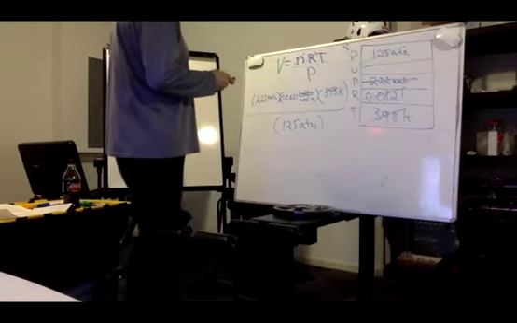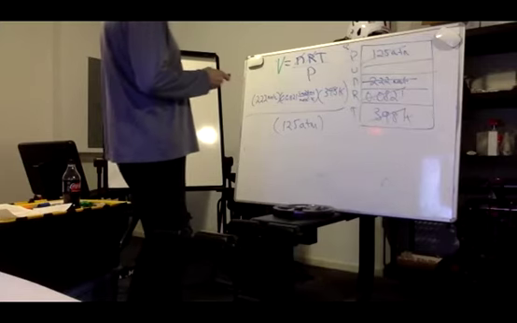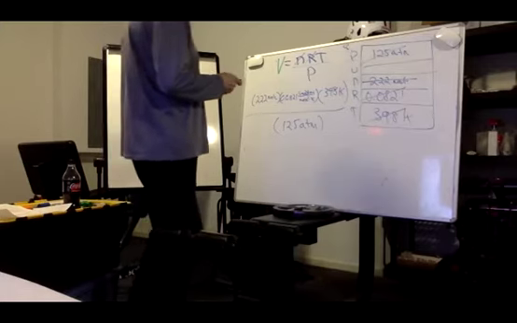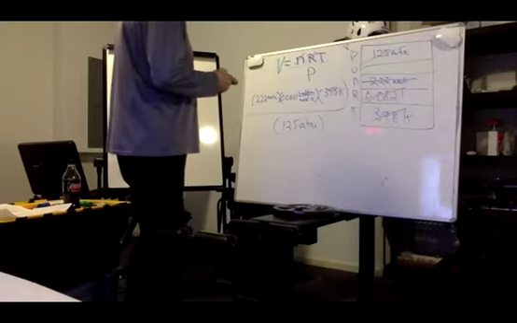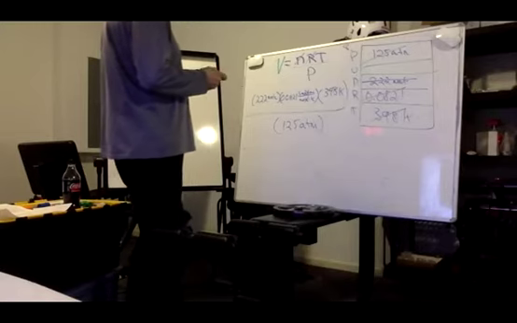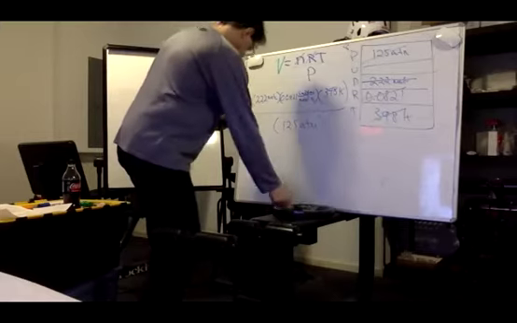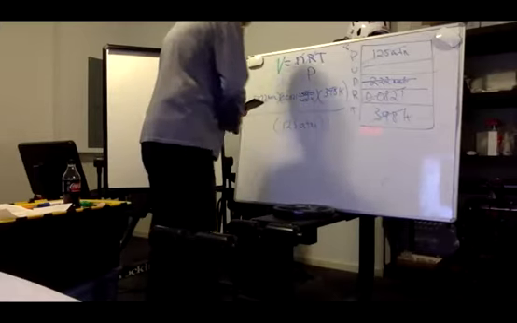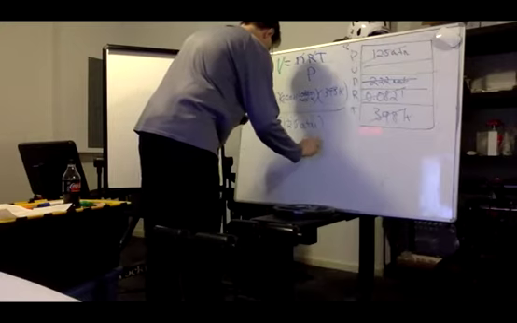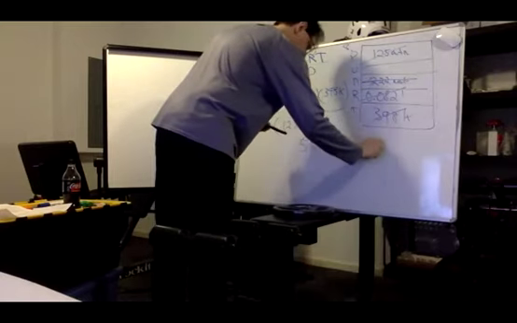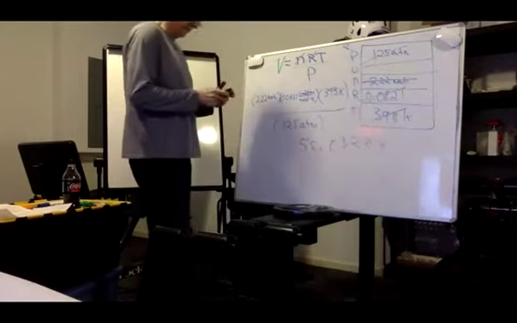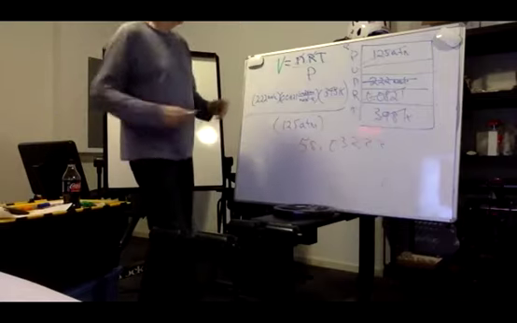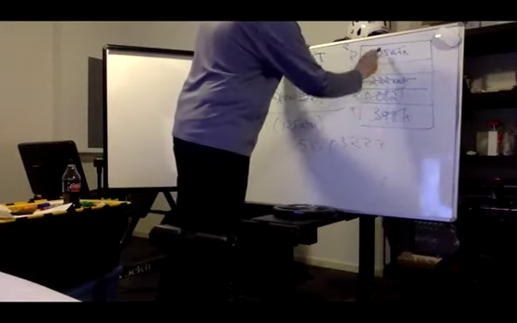222, enter, times 0.0821 times 398, divide by 125, divide once, not twice. 58.03, bunch of 2s. I'm going to need them anyways. 3 sig figs, 1, 2, 3.